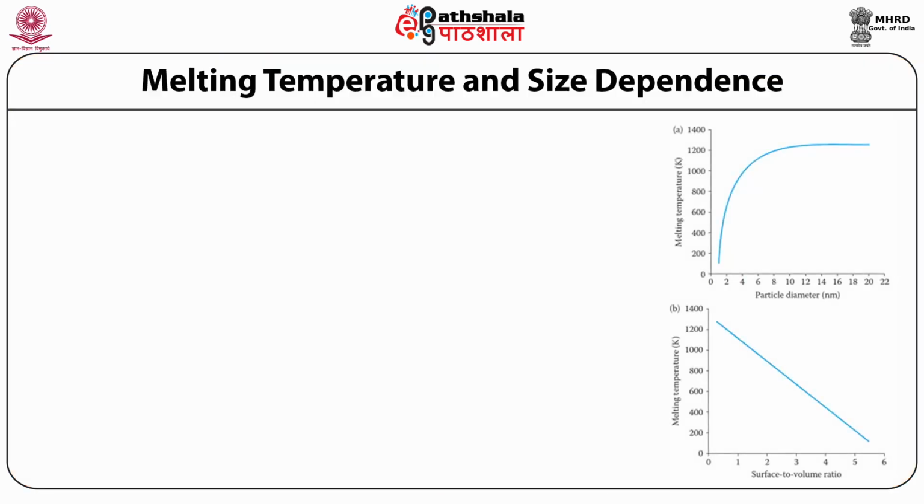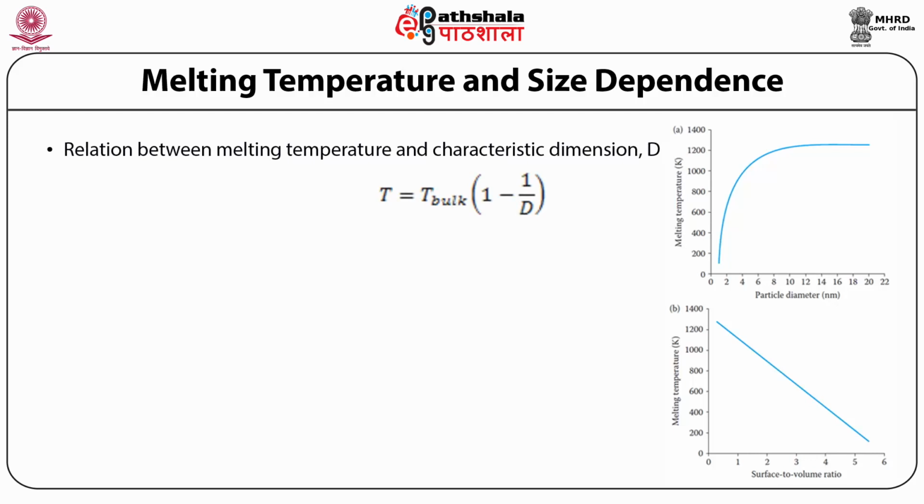So now let us discuss the melting temperature and the size dependence. Students, this formula gives us the relation between the melting temperature and the characteristic dimension capital D. That is, T is equal to T bulk multiplied by 1 minus 1 by D. As shown in these two figures, how does the melting temperature vary with particle diameter and surface to volume ratio?